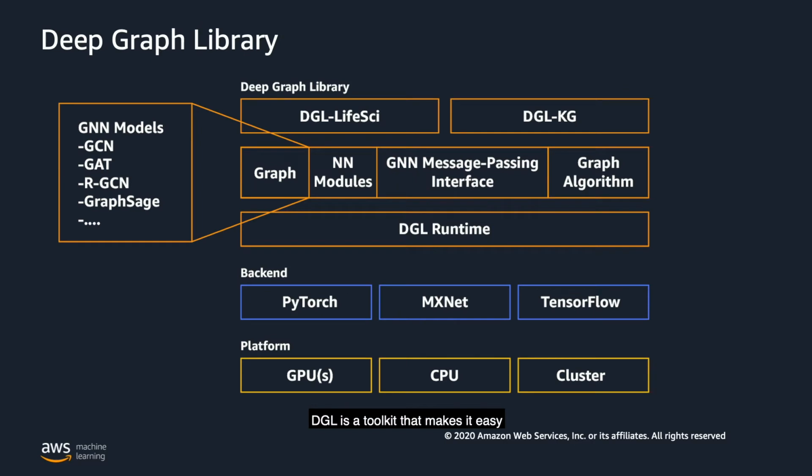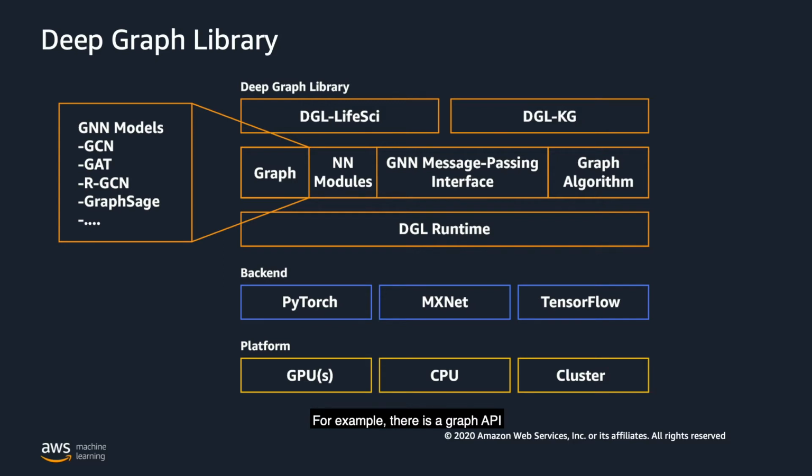DGL is a toolkit that makes it easy to do deep learning on graphs and train graph neural network models. DGL is built on top of popular deep learning frameworks like PyTorch or MXNet as the backend. In addition to model definition, automatic differentiation, and accelerator offloading capabilities of the backend deep learning framework, DGL also has pre-built functionality for graph-specific deep learning.